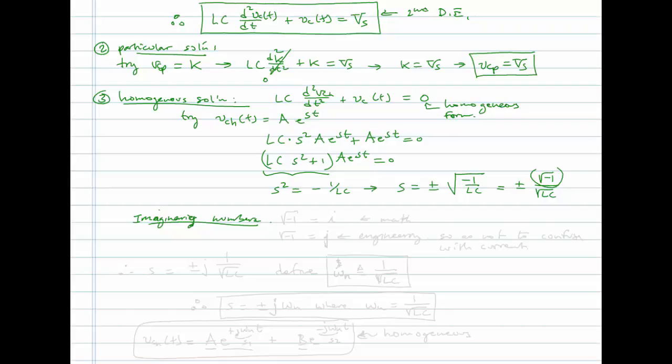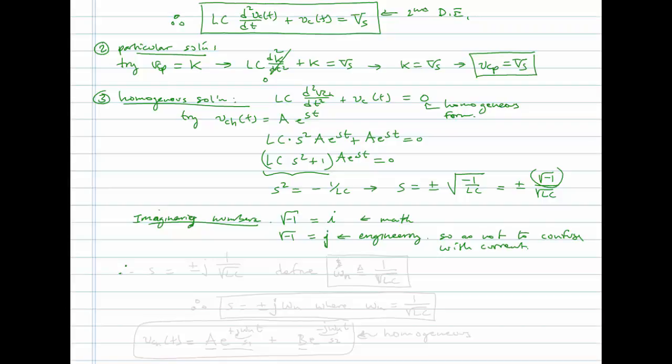In math classes, usually you would represent the square root of minus 1 by the letter i, but because we're in electronics or electrical circuits, we will use the letter j, so as not to confuse with current.